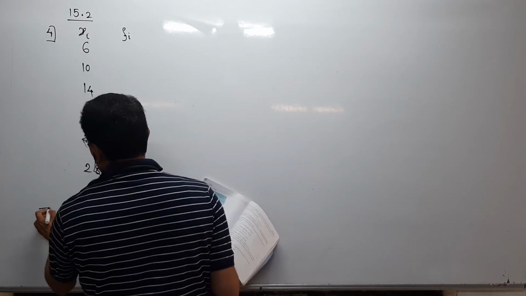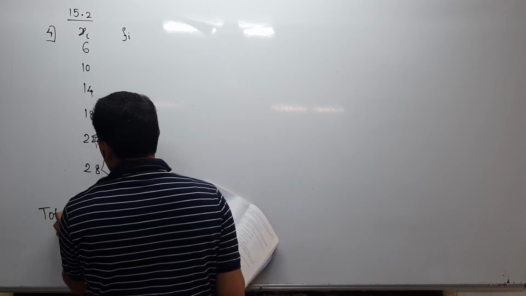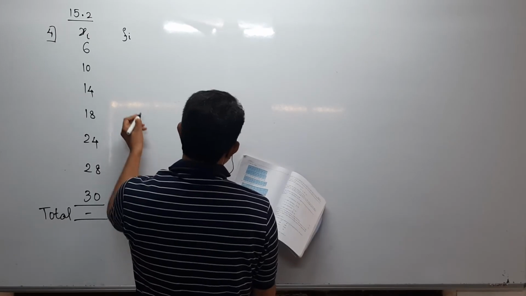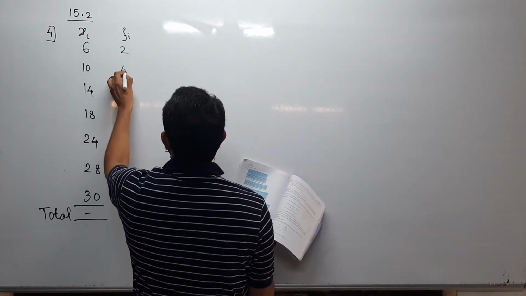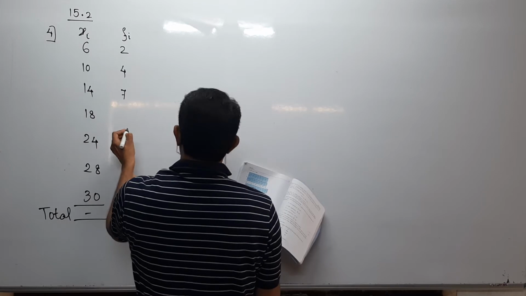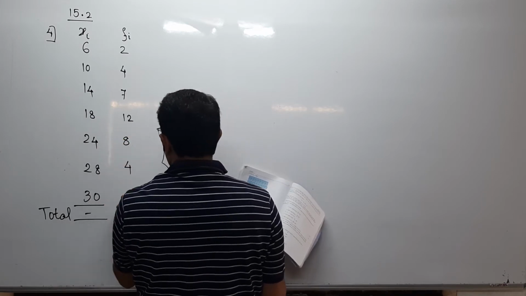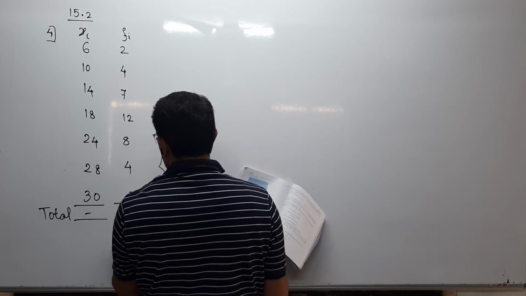We don't need the total of xi. Now, corresponding frequencies are 2, 4, 7, 12, 8, 4 and 3.